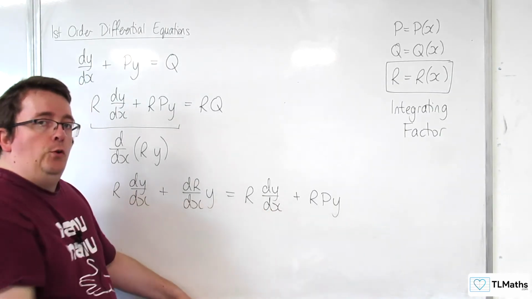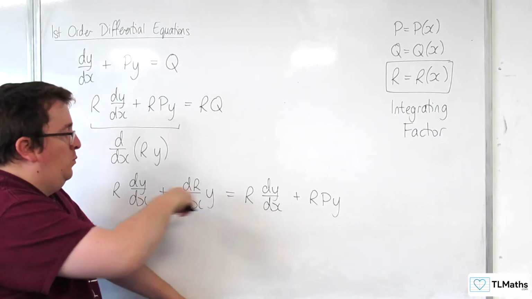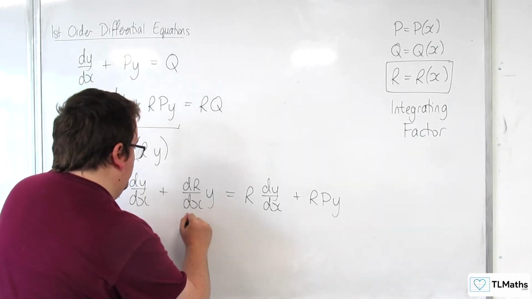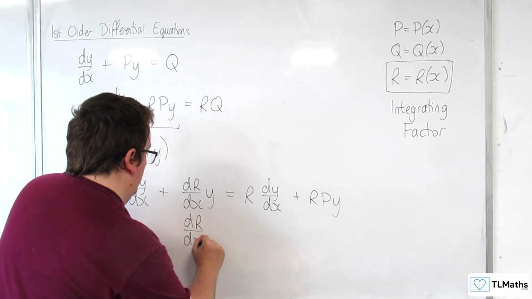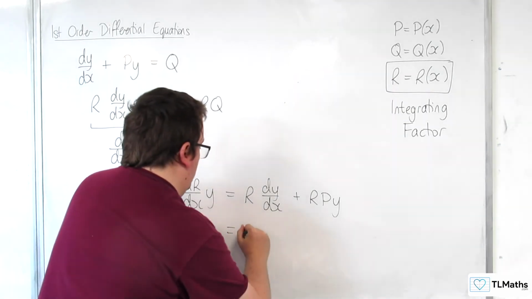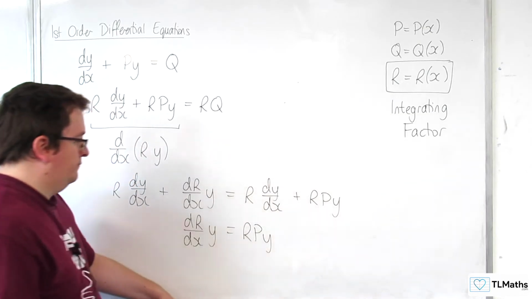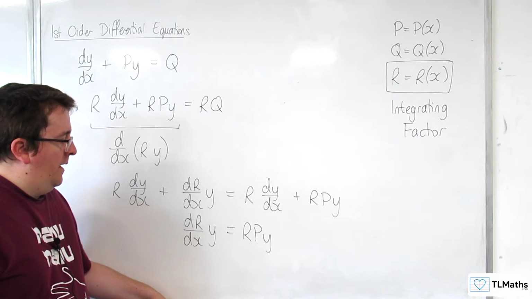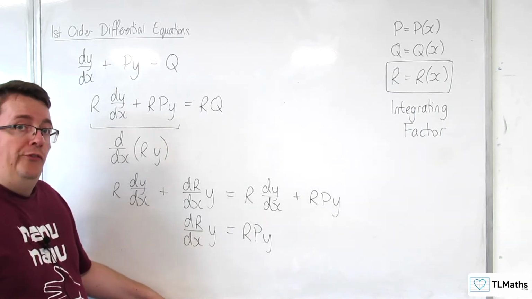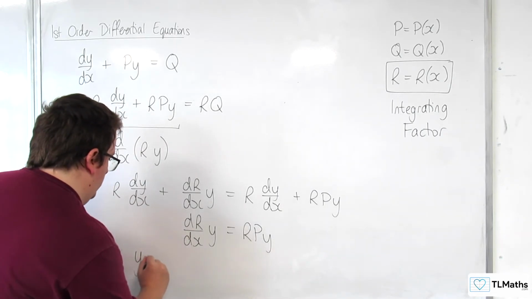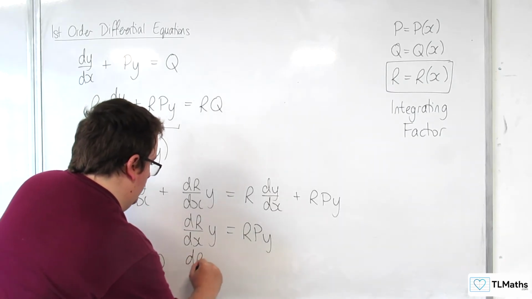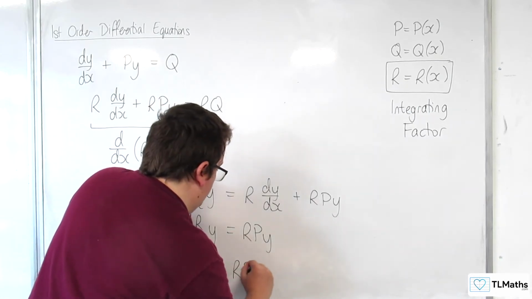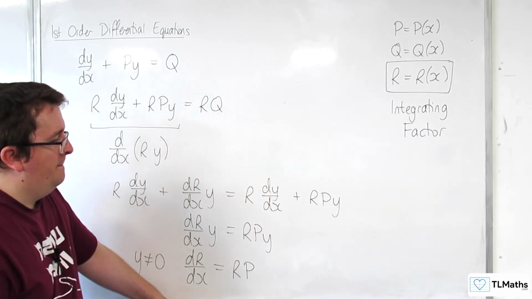Now clearly for this equation I can get rid of the r dy by dx's. They're gone. So I now have dr by dx y is equal to rpy. I could divide both sides by y, where y is non-zero, so dr by dx is now equal to r times p.